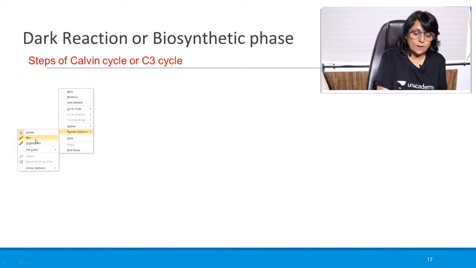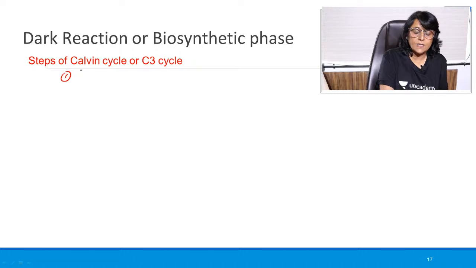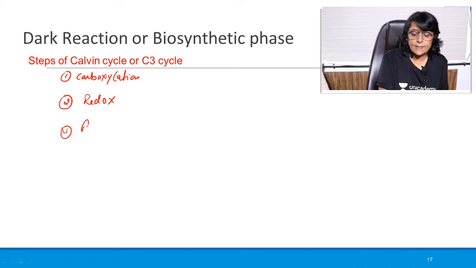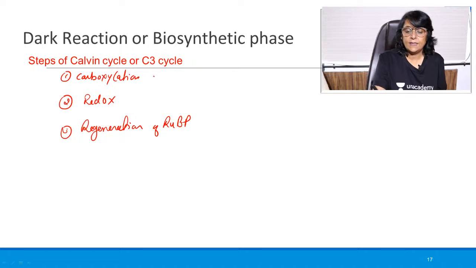One is carboxylation, then redox, and third is regeneration of RUBP.